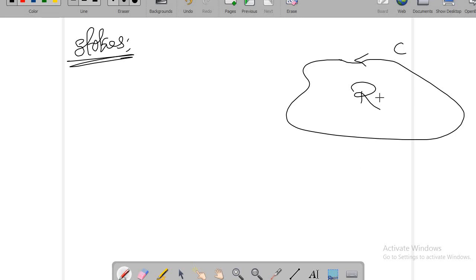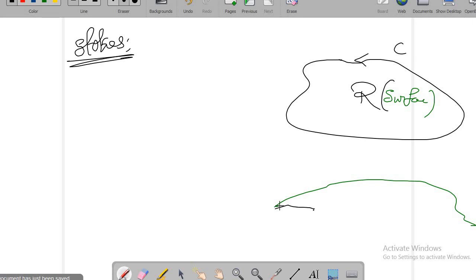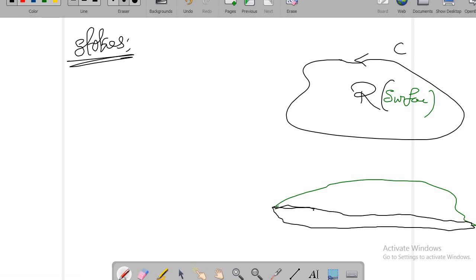Now this time, instead of having a region, this region will be replaced with a surface. Now you have some surface like this, and you know the boundary of the surface. This surface is bounded by some closed curve. It's like a kind of cap.